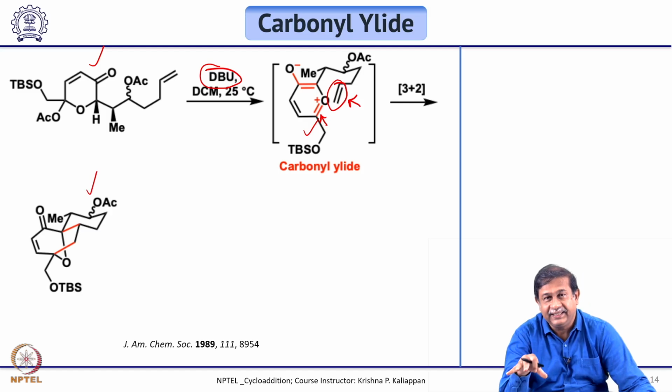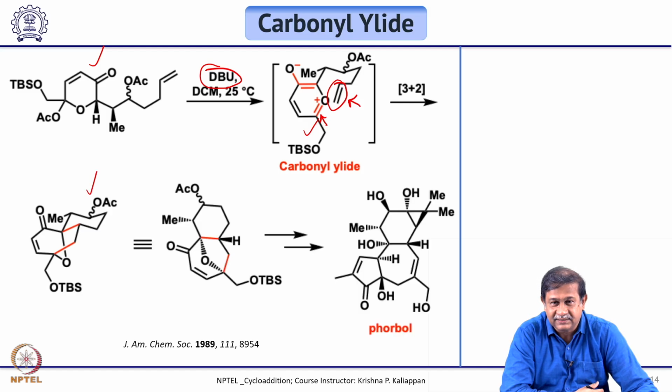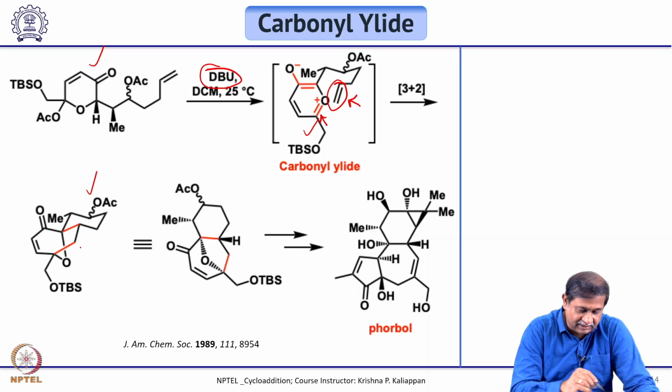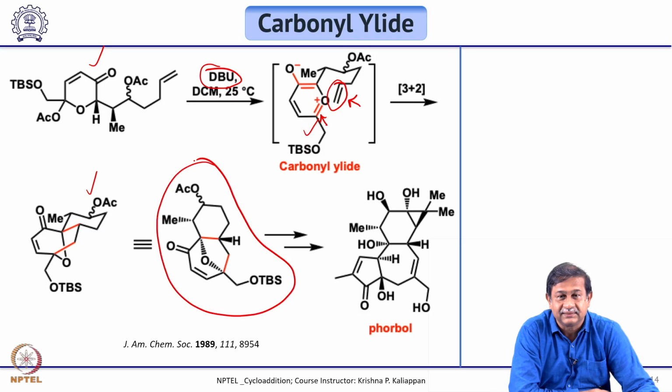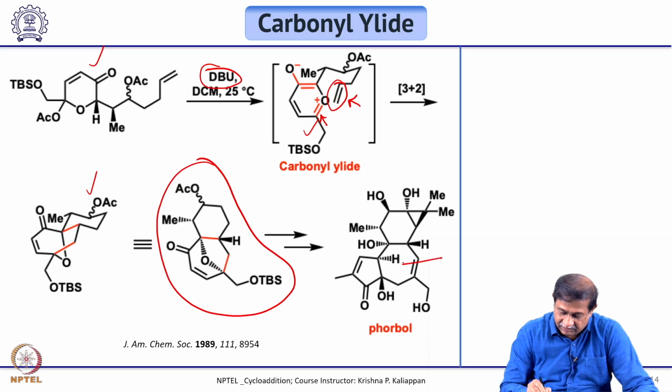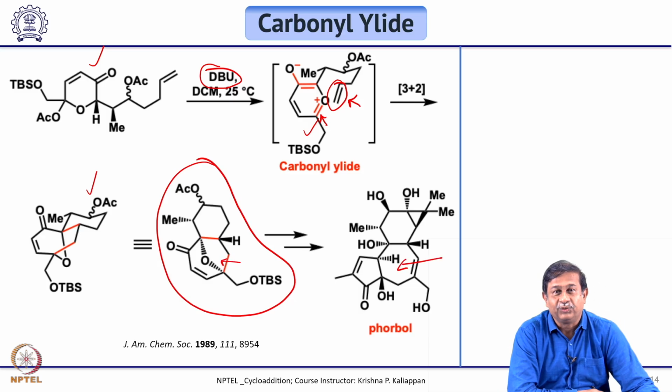So, this is a key reaction in the total synthesis of forskolin esters, and you can see here this compound can be redrawn like this. And this 7-membered ring comes from this 1,3-dipolar cycloaddition reaction.